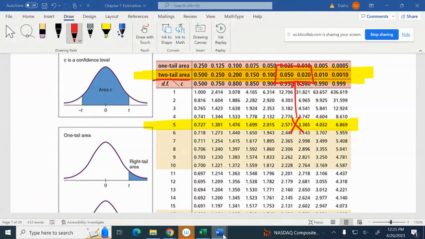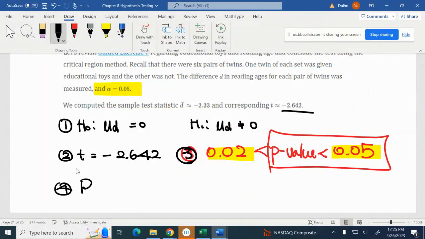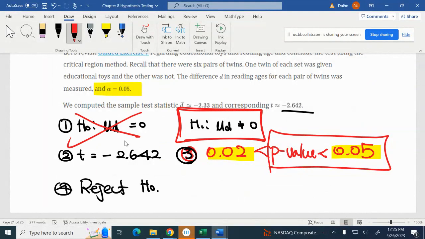So we reject the null hypothesis. Now the conclusion, there's a number 3 and 4, reject the null hypothesis. There's a difference. What's the difference? Reading age. Why? Because of the educational toy. When you get married and have some children, buy the educational toy.